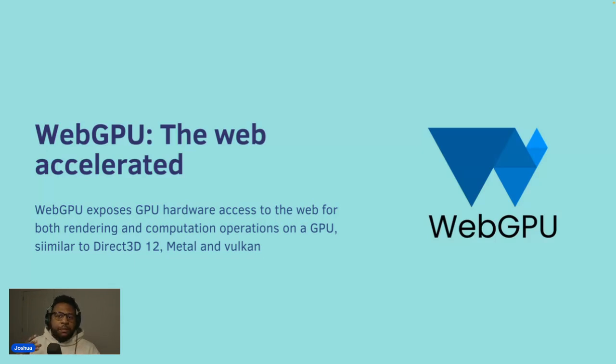It better reflects how modern GPU hardware works, while also laying a foundation for advanced GPU capabilities in the future. In the past there have been a lot of APIs that have taken this GPU approach to the web and to mobile as well, right? We've seen things like Metal, Vulkan, and Direct3D12 by Windows.